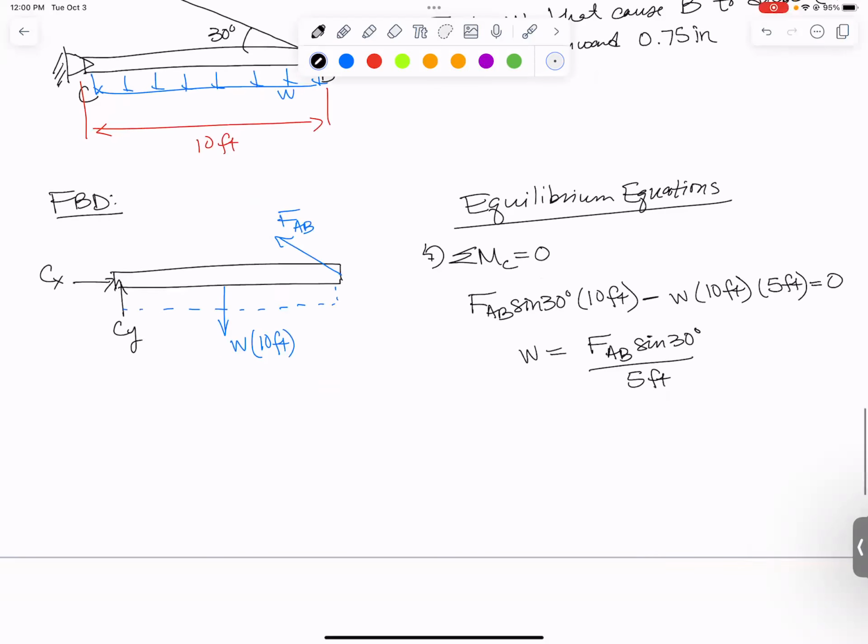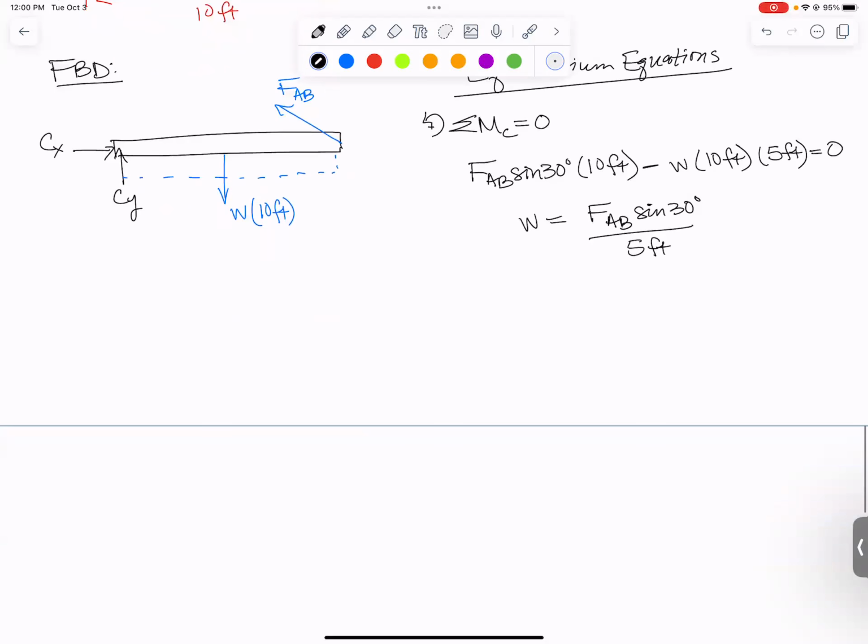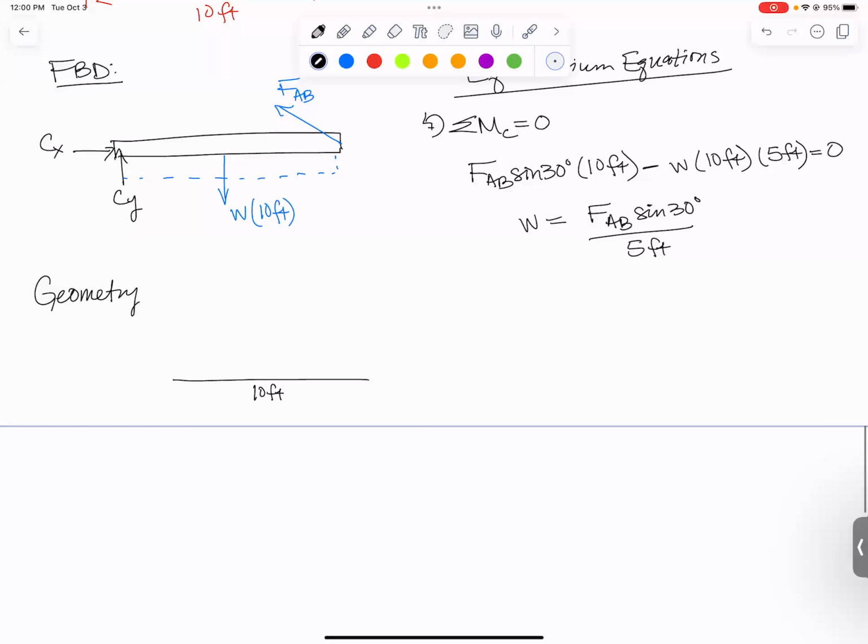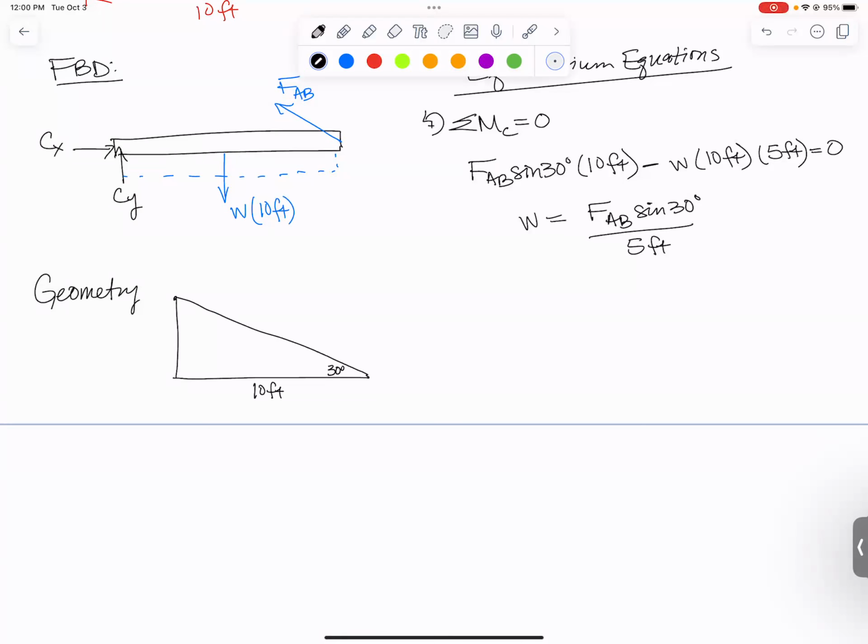Now let's see if we can figure out the geometry of this problem. So before, we have a 10-foot length, we have point A up here, and we have a 30, 60, 90 triangle with 30 degrees right there. This is the before picture, before any loads.